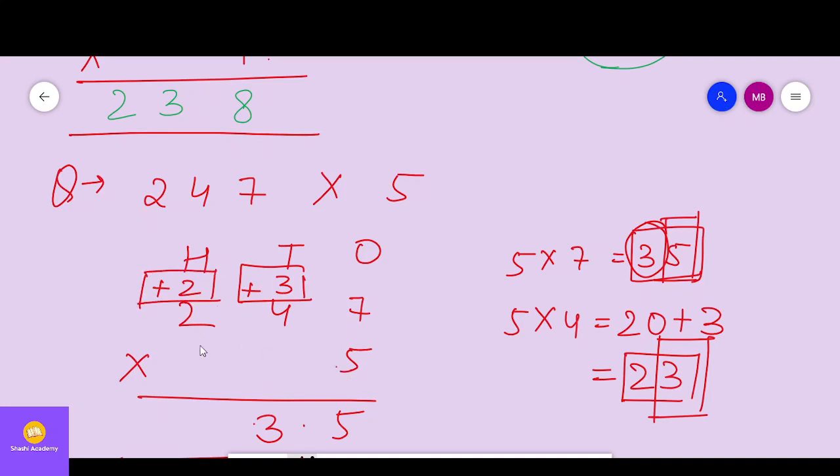Then we will multiply 5 and 2. 5 twos are 10 and we will carry 2. We will add this 2 here, we'll get 12. So the answer will be 1235. I hope these concepts are very much clear to you, and these are very basic things.